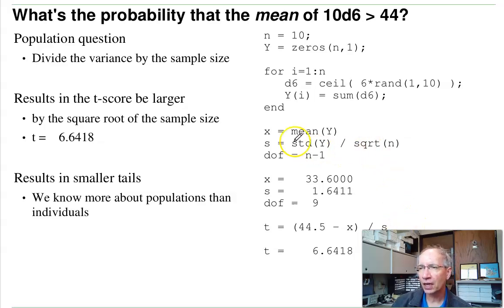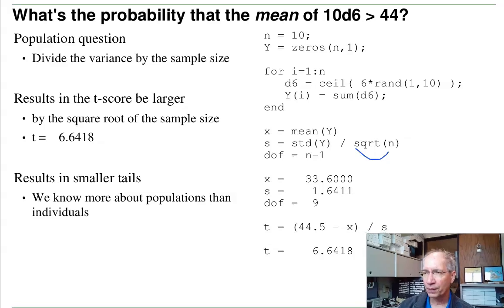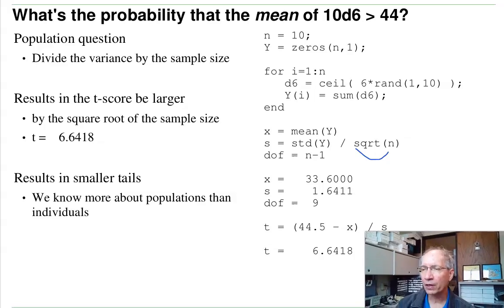So in this case, I collect the data. I've got a mean and standard deviation, but now I divide the standard deviation by the square root of n. So this has gotten smaller. I now want to know how far 44.5 is from the sample mean in terms of standard deviations.